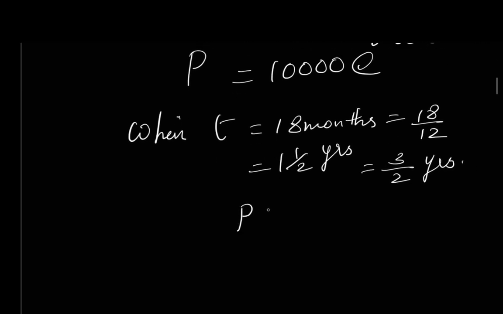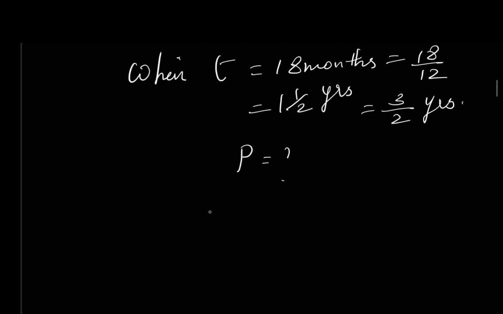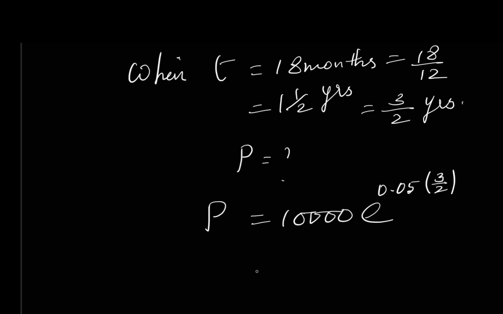So what would be the principal here? P is equal to 10,000 e power 0.05, and t I am substituting as 3 by 2.